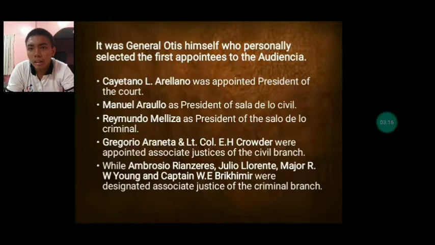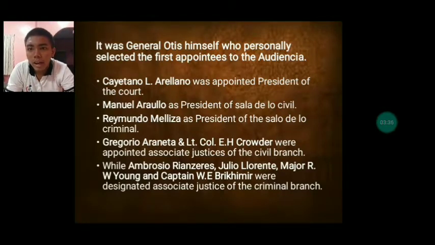Cayetano L. Arellano was appointed president of the court. Manuel Araullo as president of the Sala de lo Civil. Raimundo Melliza as president of the Sala de lo Criminal.